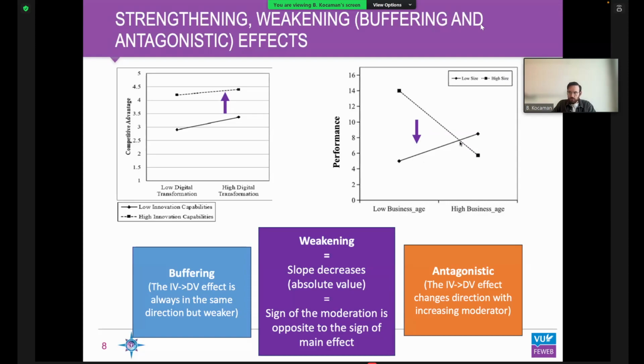So this is just the way it works in some cases. If you have an antagonistic moderator, it might change the sign, the direction of the relationship. We will see the R output examples of these, but here I just want to give you the conceptual underpinnings so that it's clearer when you see these numbers.